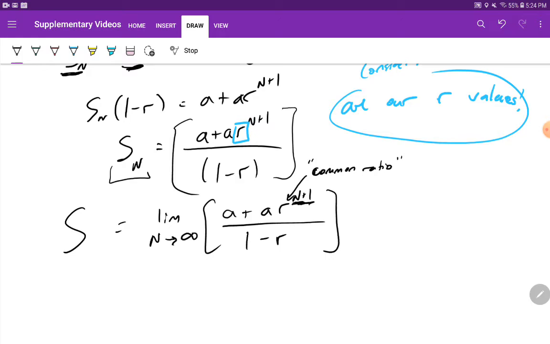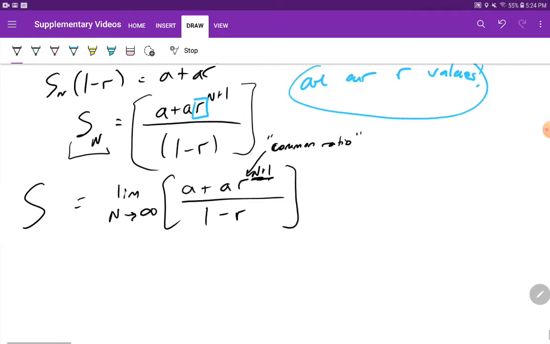If my common ratio was a number that's bigger than 1, like 1.5 or 2 or 7 or whatever, and I plug that value in here, what's going to happen? Well, the exponent is going to go to infinity, and this whole thing is going to blow up to infinity. It's going to diverge. It's going to give us stuff that doesn't work.